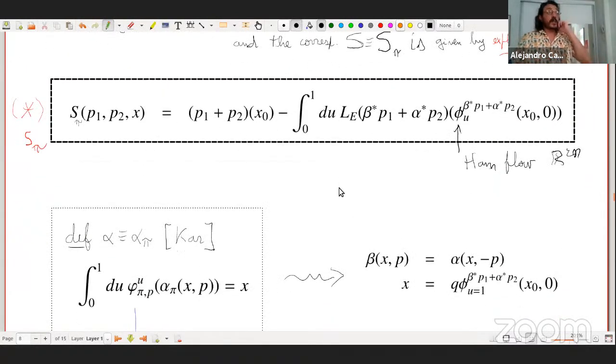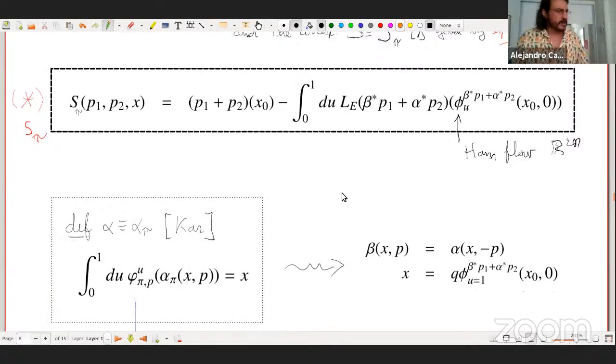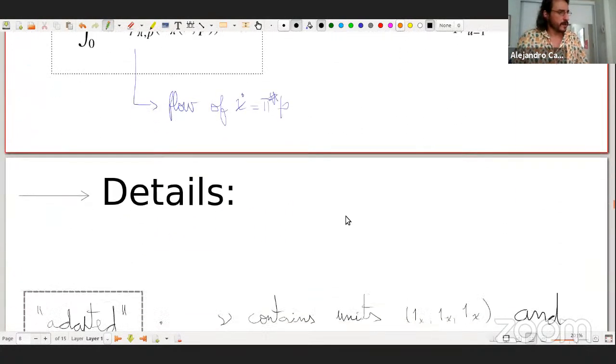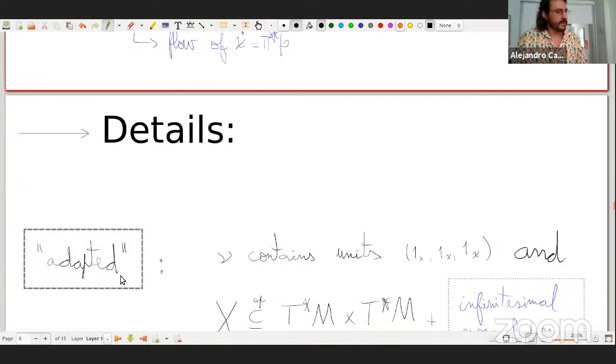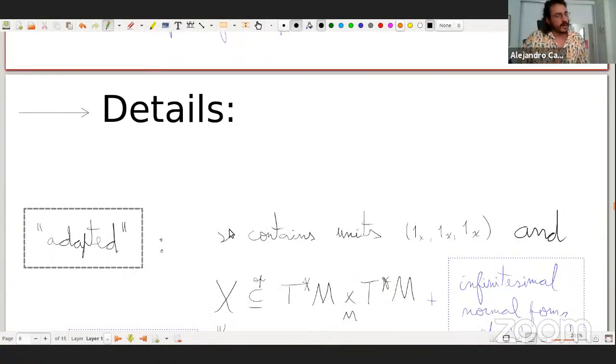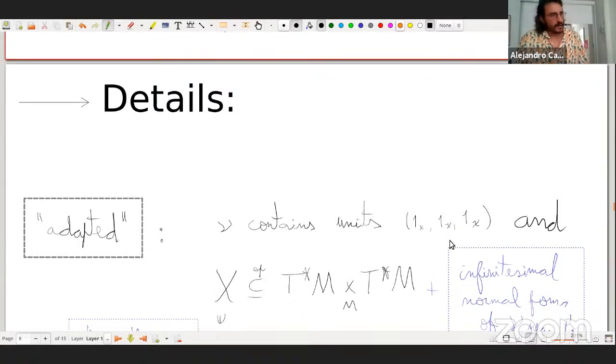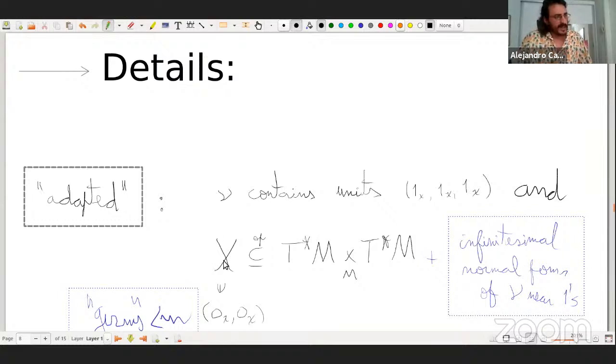So, okay, this is the first result. Let me give you just a couple of details so that it's not obscure what this adapted thing means. It's a very mild condition. It means that this reference frame contains the units, so the points that are like this, unit, unit, unit. And the reference manifold X that we use is an open subset here. So these are pairs of covectors that share the same base point.